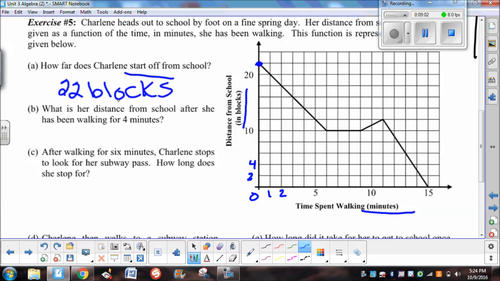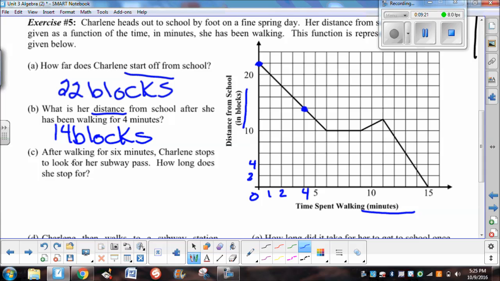What is her distance from school after she has been walking for 4 minutes? So I scan down here. Here's 4 minutes. How far is she from school? So I meet the graph. She is 14 blocks from school still after she's been walking.